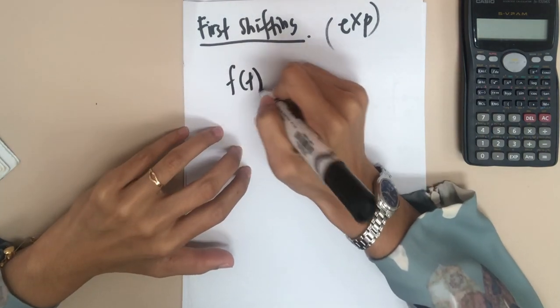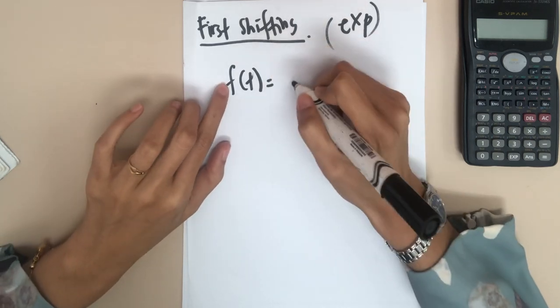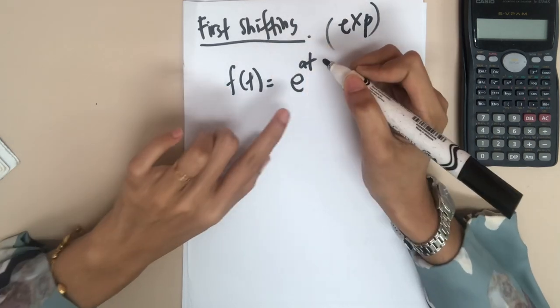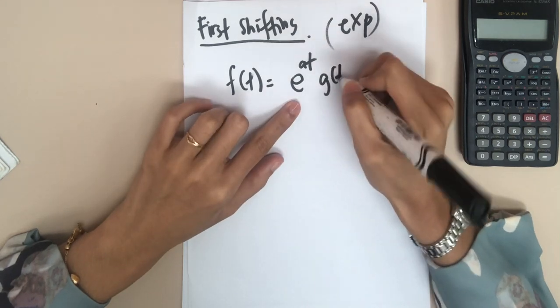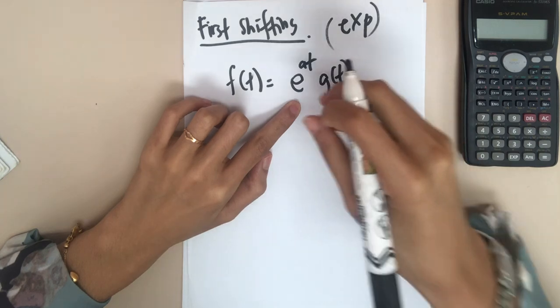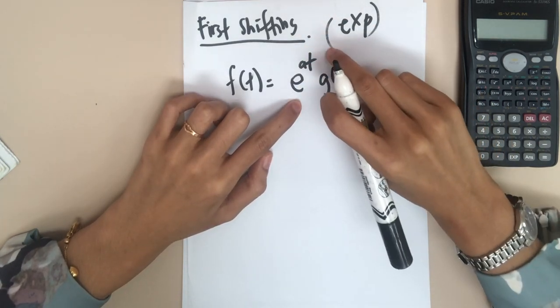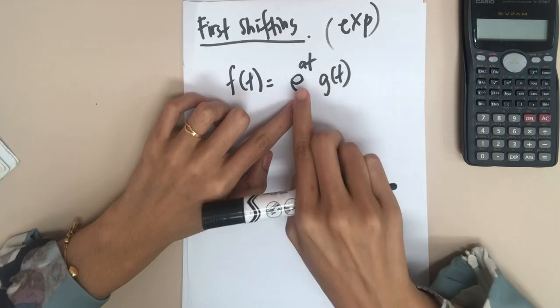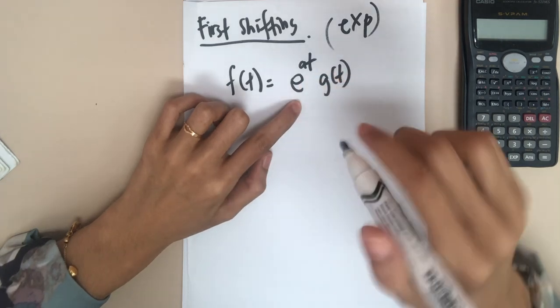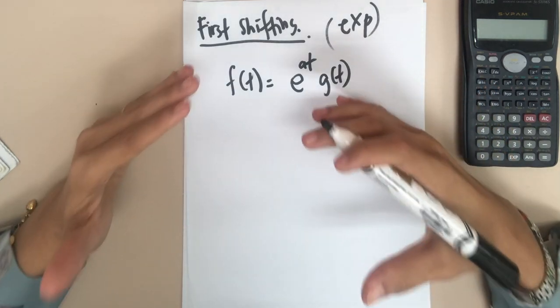This is the pattern of our function: it involves an exponential and also a function g(t). So when the whole function is multiplied with the exponential, we will use the first shifting. Just bear that in mind.